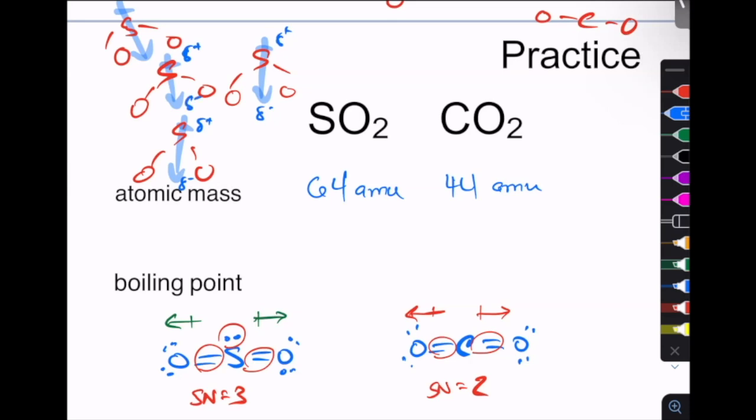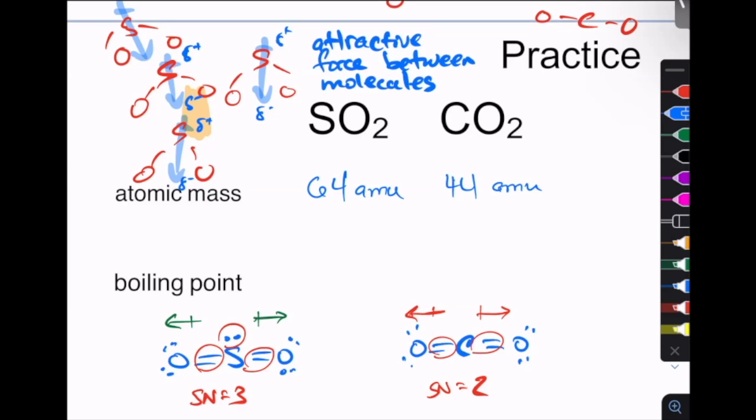And when you have negatives and positives next to each other, what do they do? They attract, okay? So you've got an attraction here. That's an attractive force between the molecules. Right, that's the intermolecular attractive force.